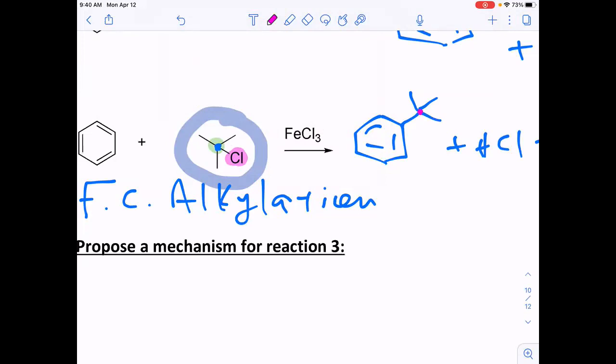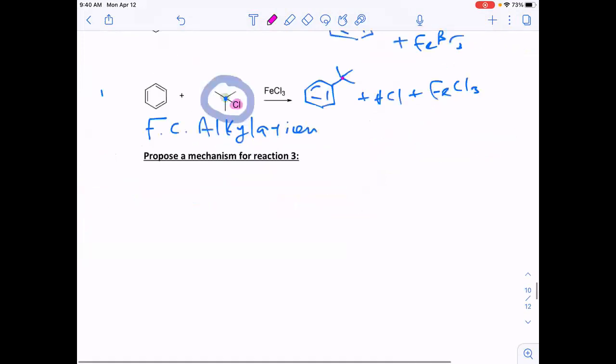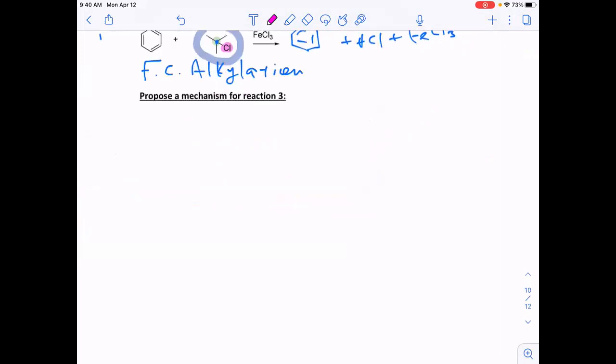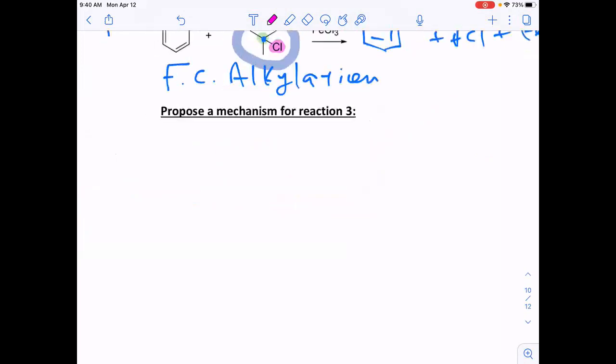Let's see if we can walk through the mechanism. Just walk it down. What's the first step? It doesn't change, right? So if you know the mechanism for acylation or halogenation, it's the same mechanism, the same process, just different substrates. So what's the first step in these mechanisms?